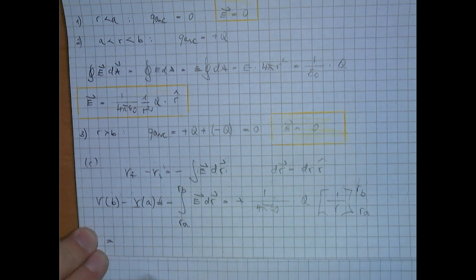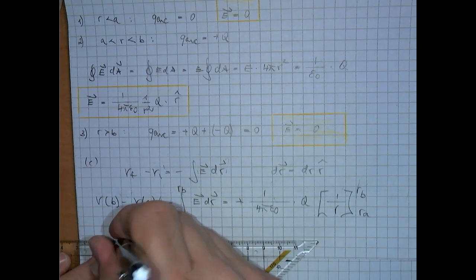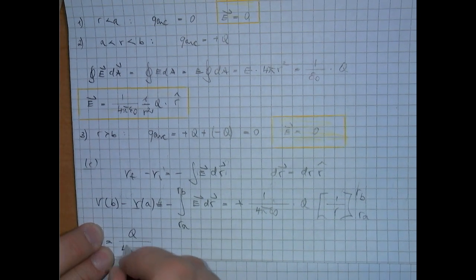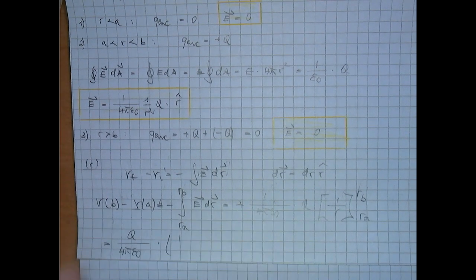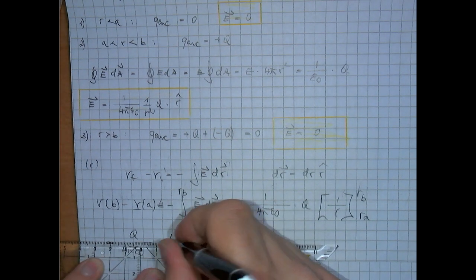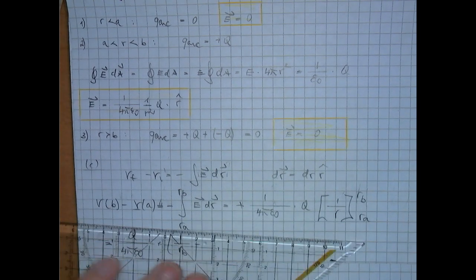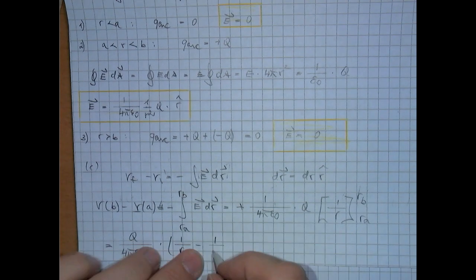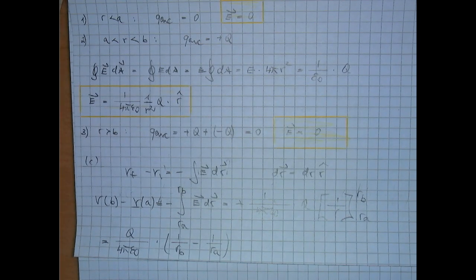So therefore we end up with Q divided by 4 pi epsilon naught times 1 over r_B minus 1 over r_A. Okay, so that's the end result.